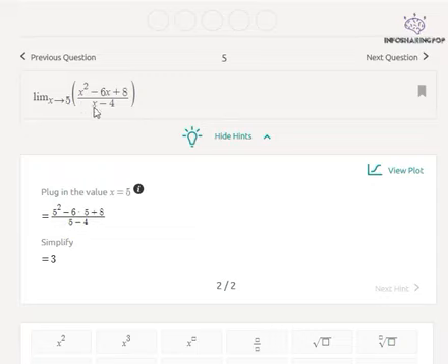From here we can see that if we substitute the value of 5 into here, the denominator is never going to turn into 0. So we can actually directly substitute the value in, and after we substitute x equals 5, this is what we have, which is equal to 3. I'm going to skip all this since it's quite simple direct substitution.